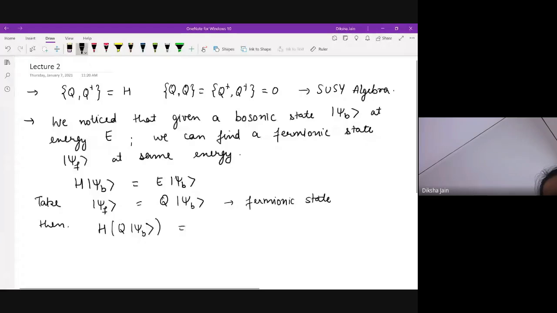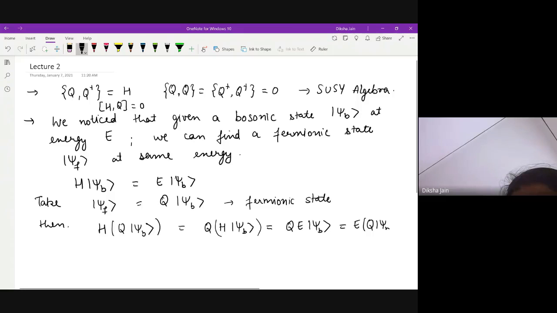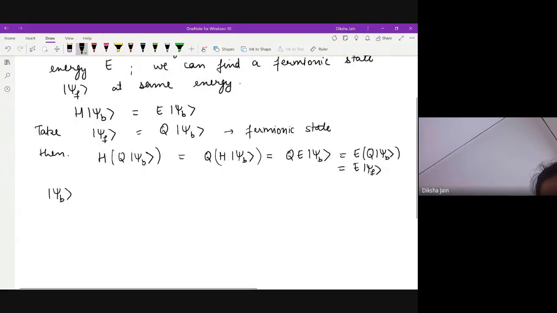We also noticed in the SUSY algebra that H and Q commute. So I can rearrange this as Q times H acting on psi boson. We know H acting on psi boson is E times psi boson, so this is E times Q of psi boson, which is E times psi fermion. So psi boson and psi fermion have the same energy E.